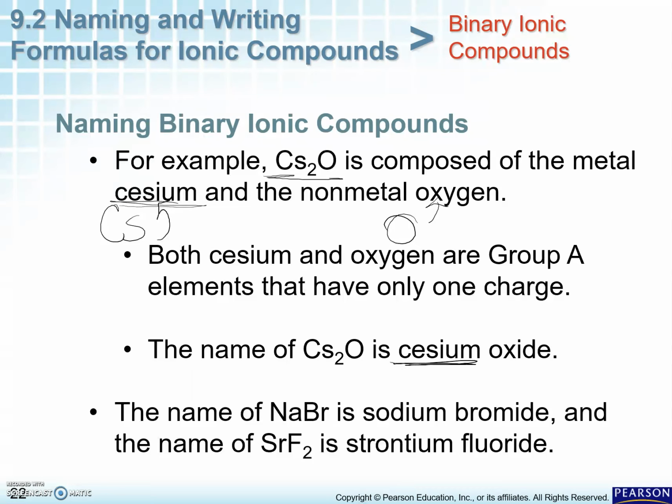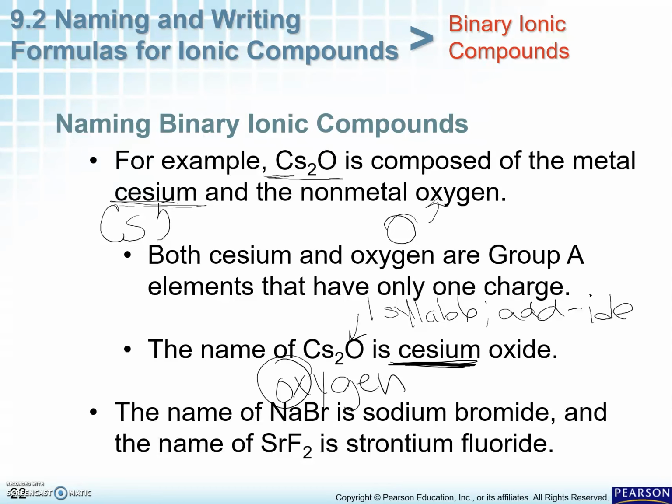So here we have cesium. Then you would take your second one, which is oxygen. You take the first syllable and then add IDE. So if you look at oxygen, your first syllable is ox, and then you add IDE. So overall, you have your cation being named first, your anion being named second, for a total name of cesium oxide.